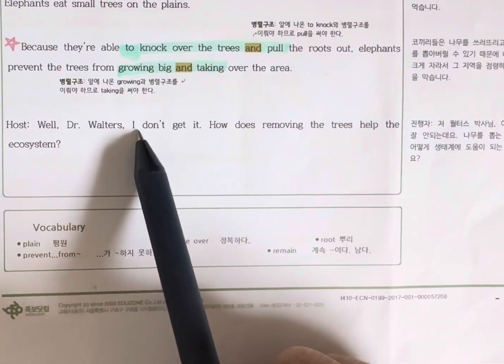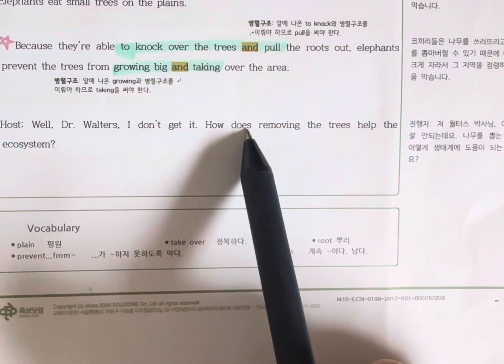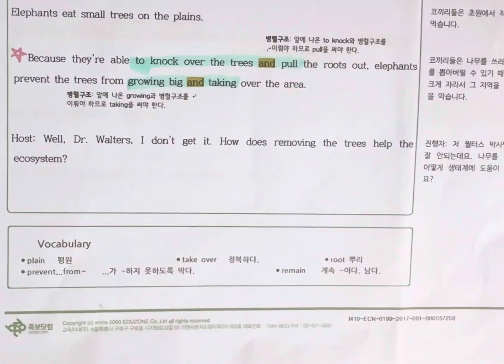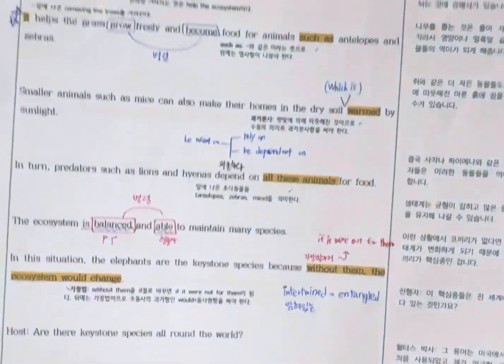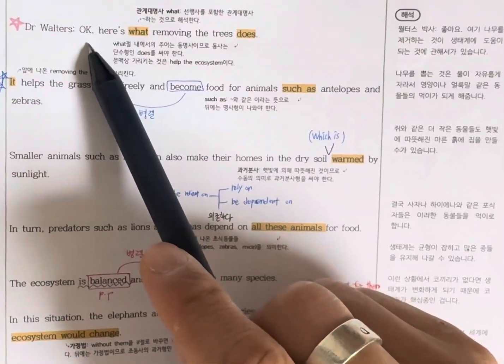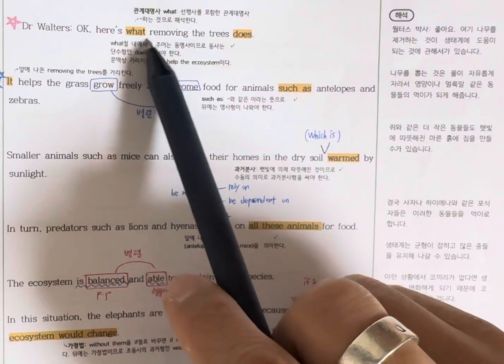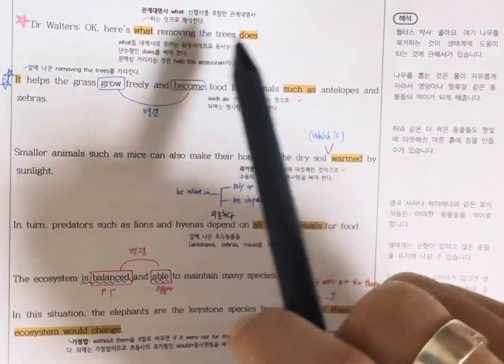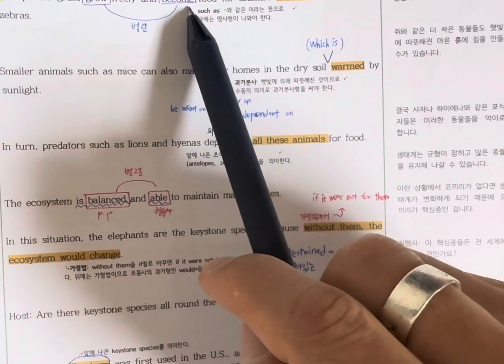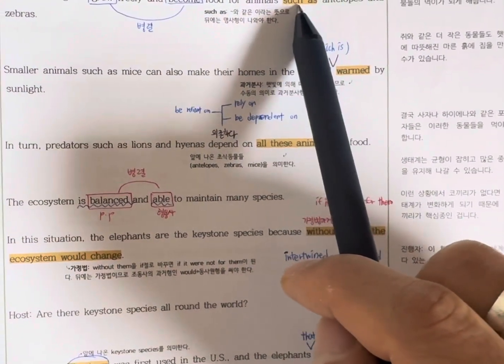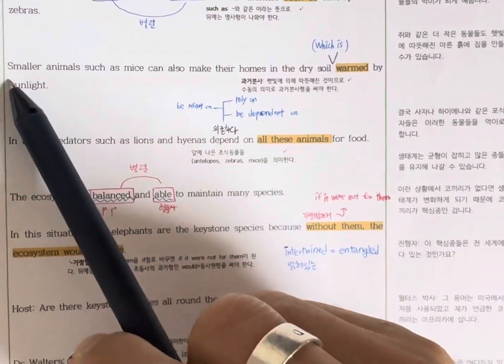Well, Dr. Walters, I don't get it. How does removing trees help the ecosystem? Okay, here is what removing trees does. It helps the grass grow freely and become food for animals such as antelopes and zebras.